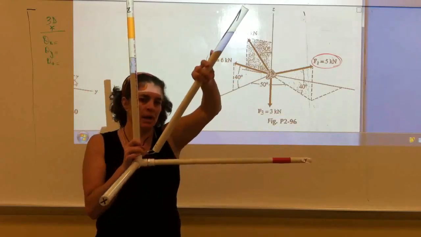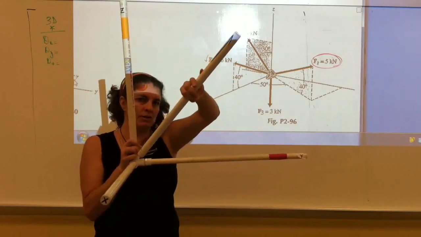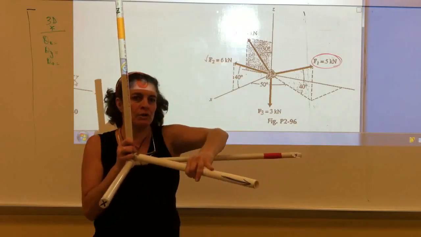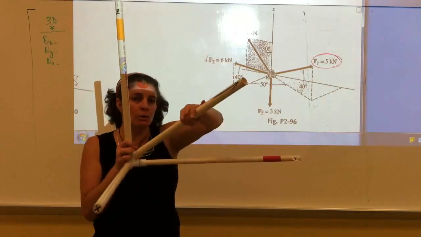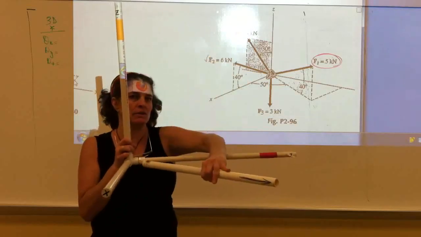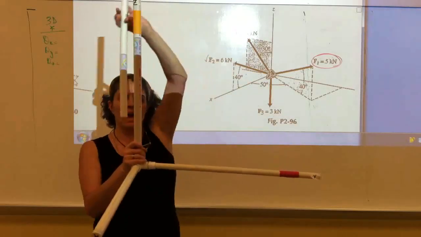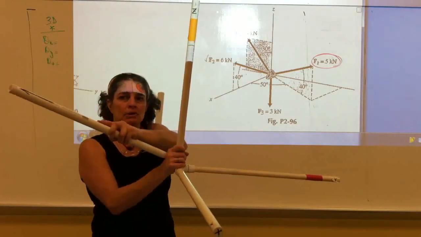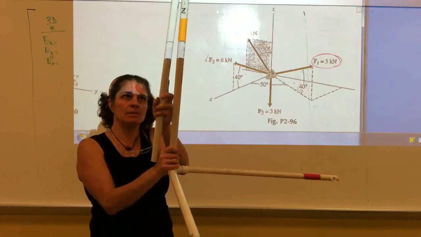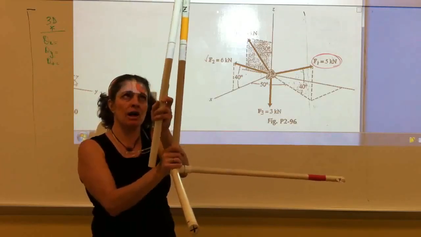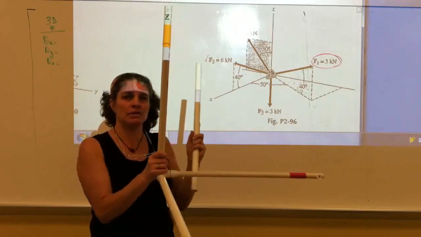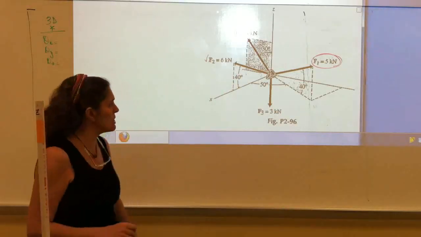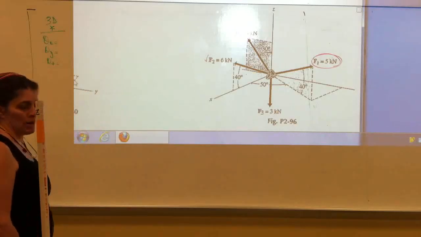Let me say that again. If we multiply the magnitude by the cosine of 40 degrees, I find the component of this force in this direction. If I know theta z, I multiply the force times cosine of theta z to find the component along the z-axis. So using the angles with the cosine is basically our dot product.